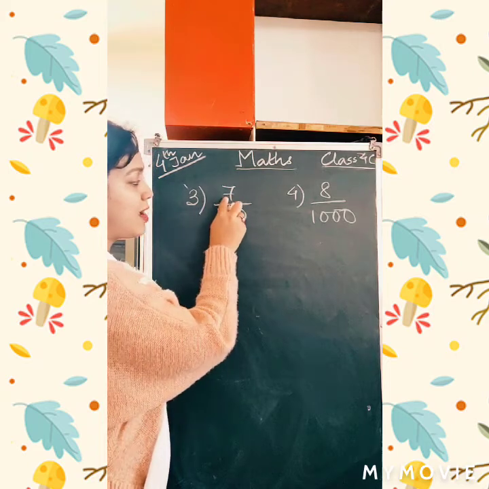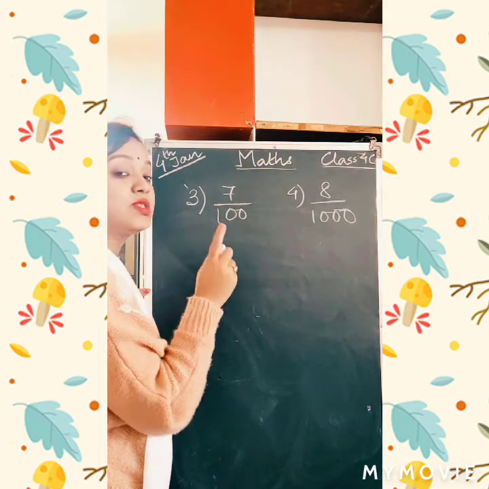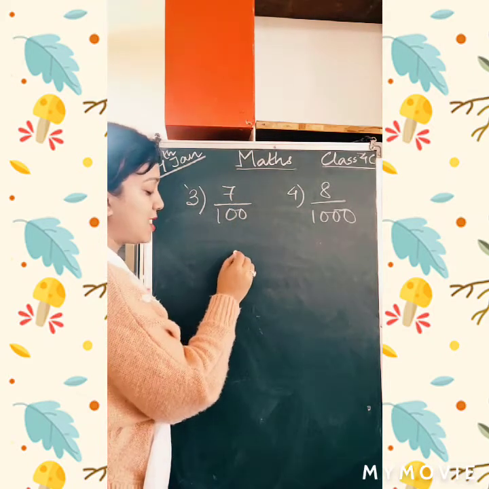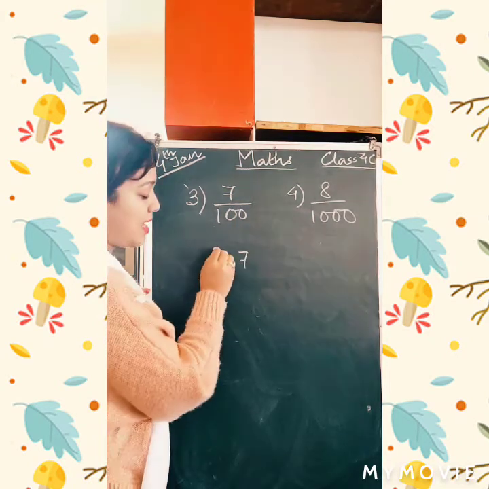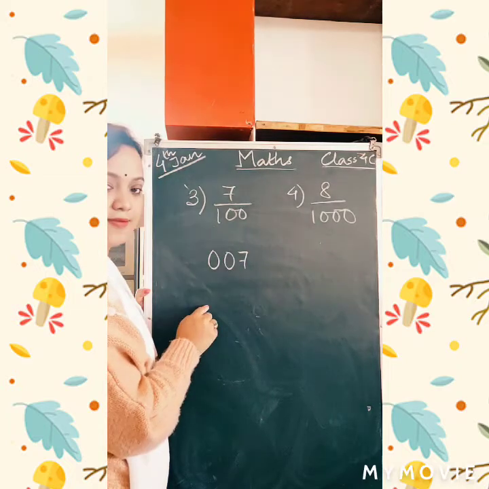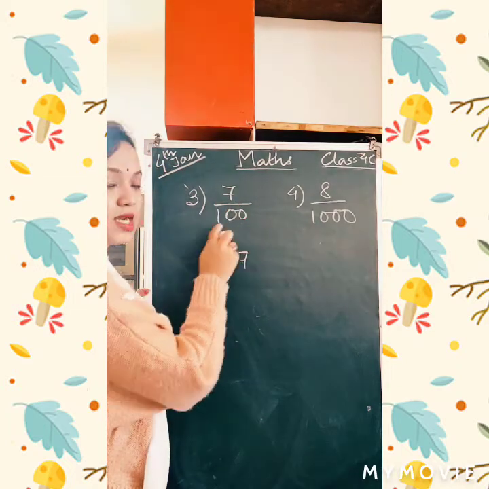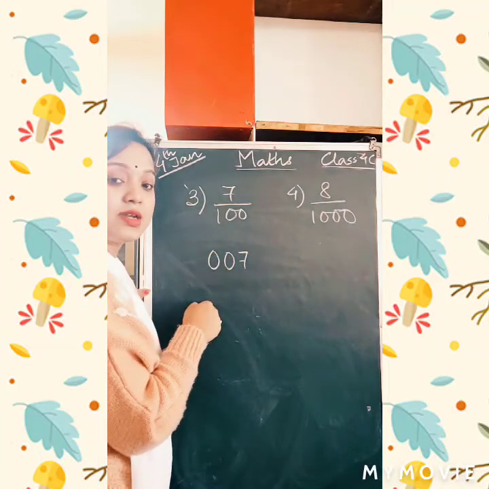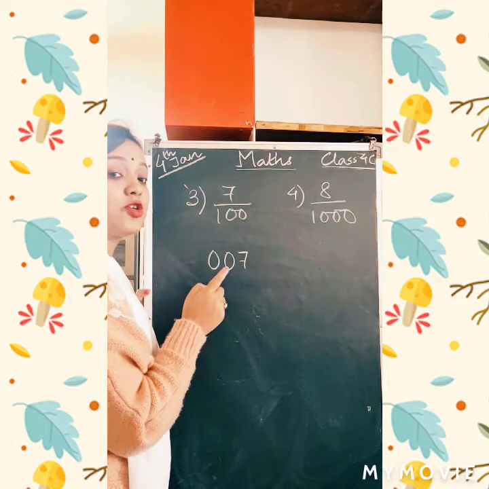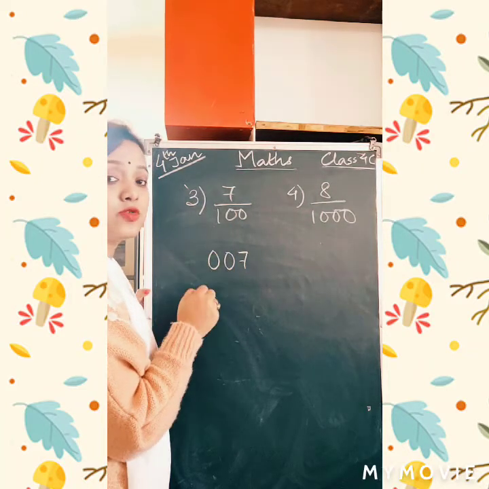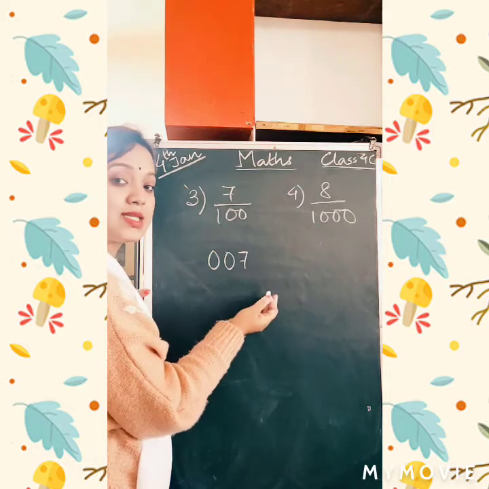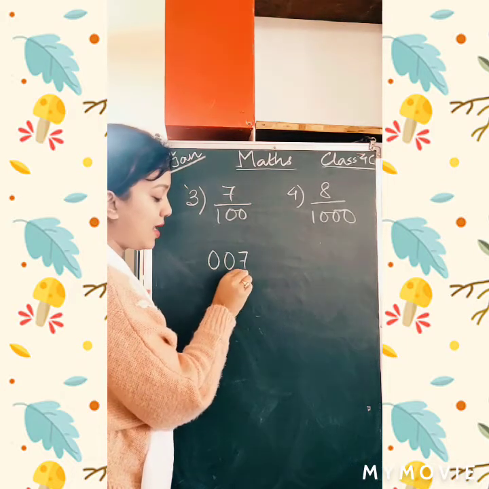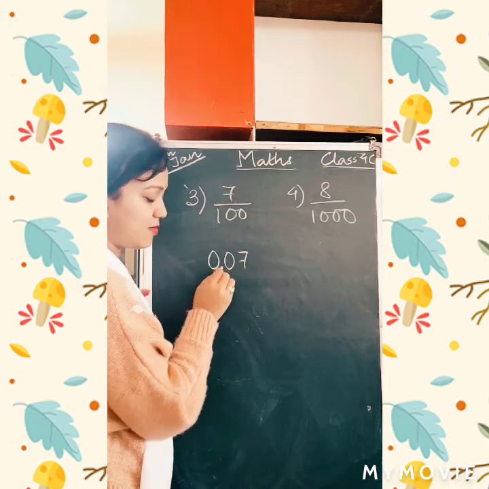So I will represent 7 using 3 digits. So that means 7, and I put 0, 0 in order to make the numerator similar to the denominator. Then how many zeros does 100 have? 2 zeros, correct? So your decimal point will be after 2 digits. So we will always start from the end. So 7, 0, I put a point here.